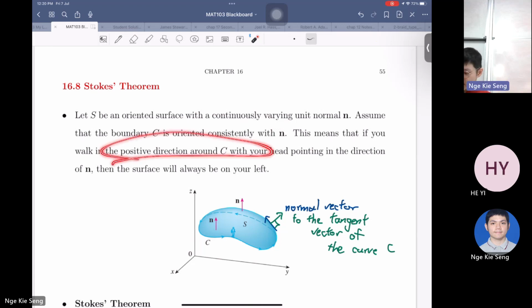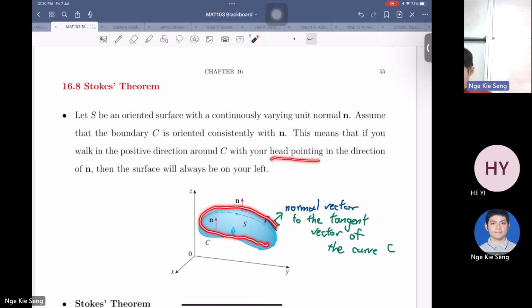So this means that if you walk in the positive direction around C with your head pointing in the direction of n, then the surface will always be on your left. Does it make sense on this picture at least? Because n is pointing up, if you are a person walking along the curve and you look up, the surface is always on your left.